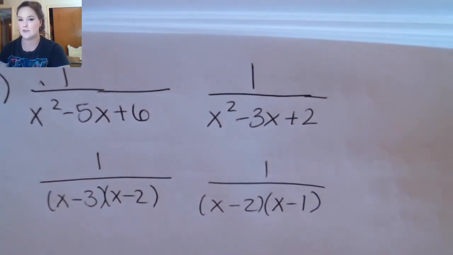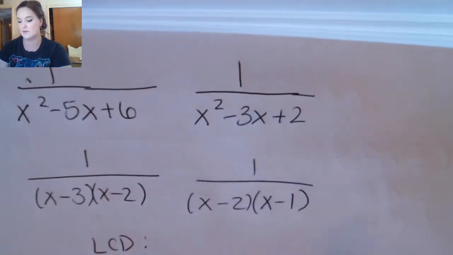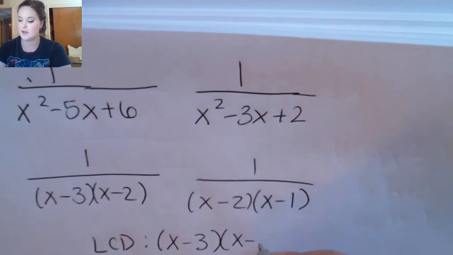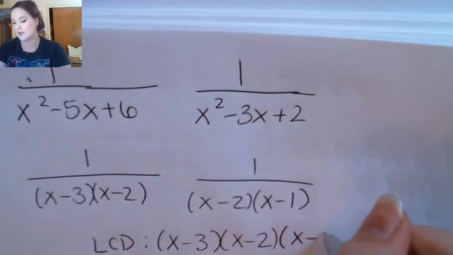So there's our factors. Then to find the LCD, we're going to include all of the factors. So we'll have x minus 3, x minus 2. You don't need to repeat this because there's only one in each of them. And then x minus 1.